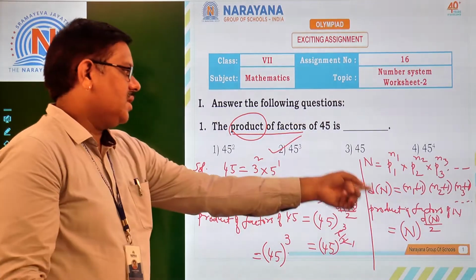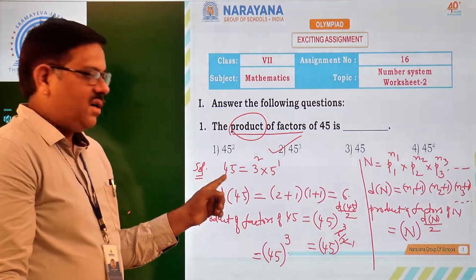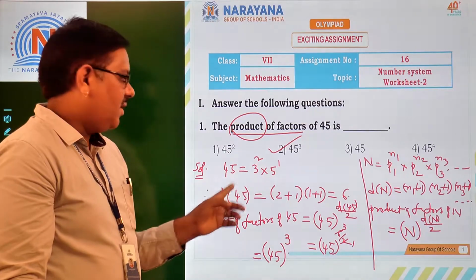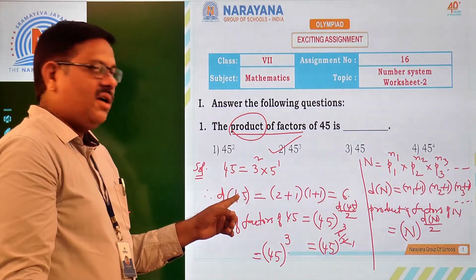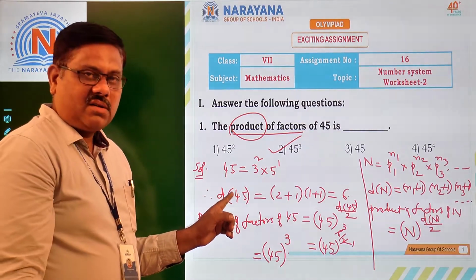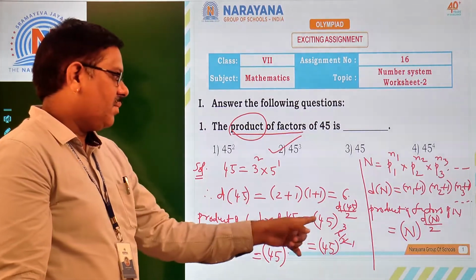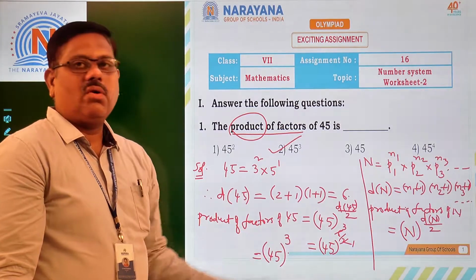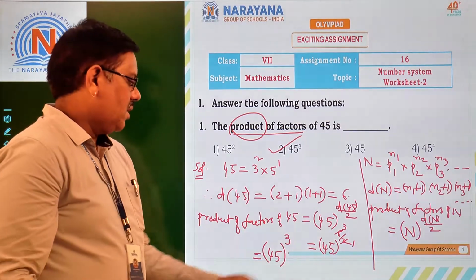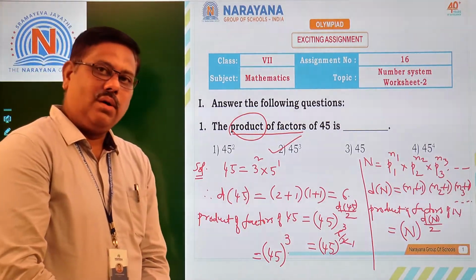So using the same concept, we converted 45 into product of primes, that is standard form. Thereby we found d of 45, nothing but number of factors of 45, as 6. Then for product of factors of 45, we applied the formula 45 to the power of d of 45 by 2, so that we got the answer as 45 whole cube.